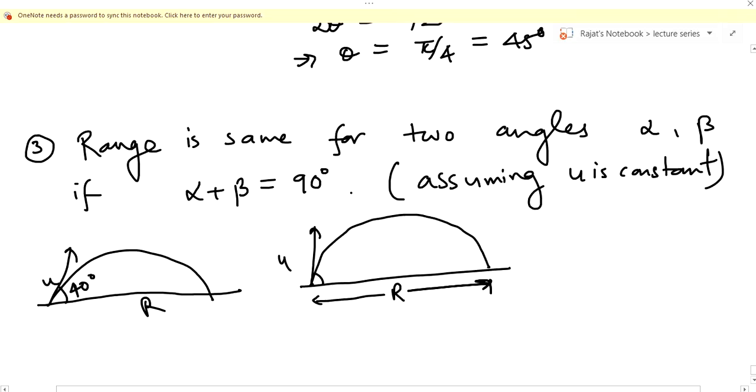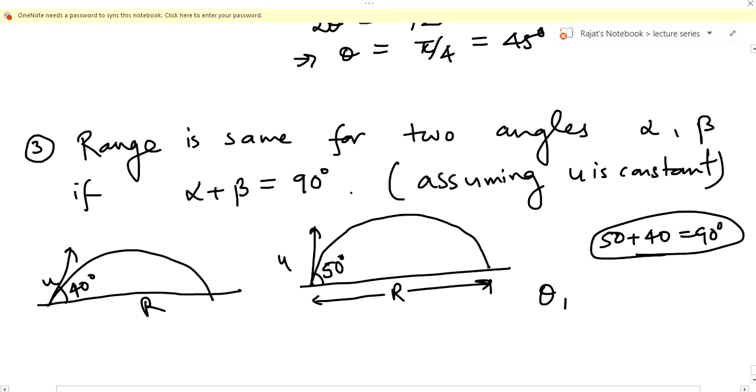I don't want to throw again at 40 degrees. Then you should throw it at an angle such that the sum of the two angles is 90 degrees. So this angle should be 50 degrees, because 50 plus 40 is 90. So if you are throwing a projectile at theta, the other angle should be 90 minus theta for the range to be the same, considering that the initial velocity is the same.